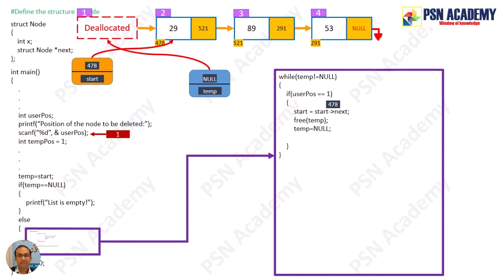So, it becomes null and it will look like this. So, you see that the first node from the list has been deleted and start is now pointing to the node at 478, which was previously the second node, but after deletion, this node at 478 is the first node now. You write break here because your job is over.